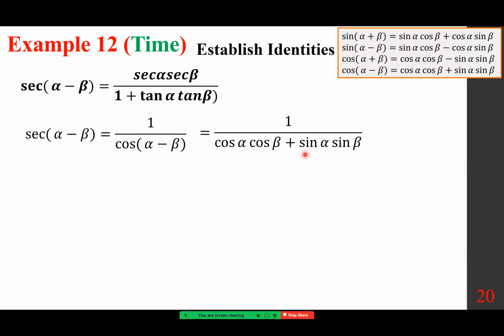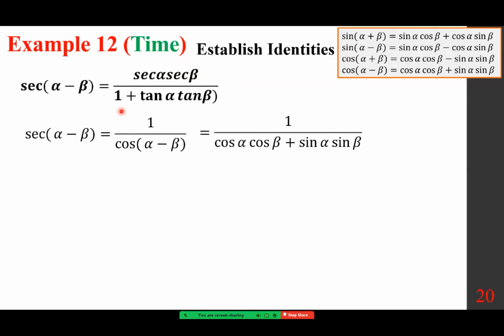So when you look at this, to change this to secant, secant is 1 over cosine. So you want secant of alpha, you want 1 over cosine of alpha. You want secant of beta, you want 1 over cosine of beta. And therefore, to go from here to here, we are going to divide the top and the bottom. Or maybe you can look at this one.